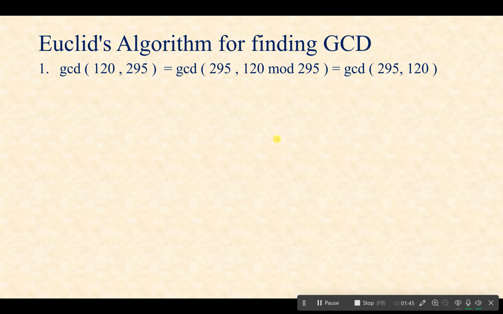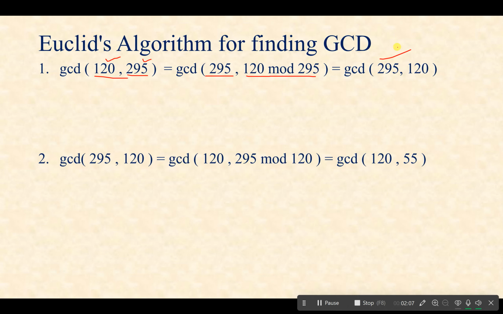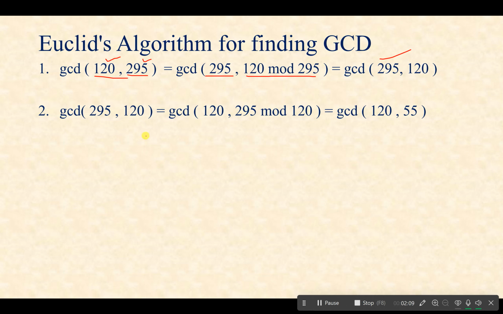Now I'll give you a small homework. Can you try to find out GCD of 120 and 295? Try it yourself first. In place of a we have 120, b we have 295. Let us substitute. GCD of a comma b is equal to GCD of b comma a mod b. So 120 mod 295 is 120 itself. The next step, we have a as 295, b as 120.